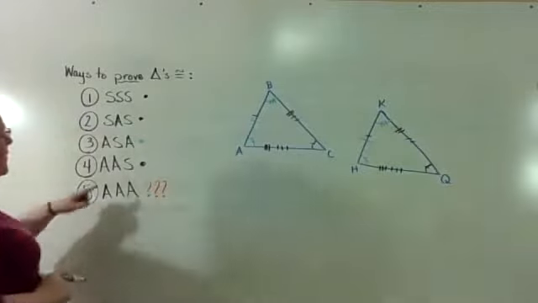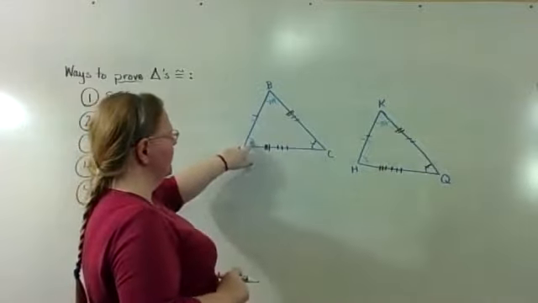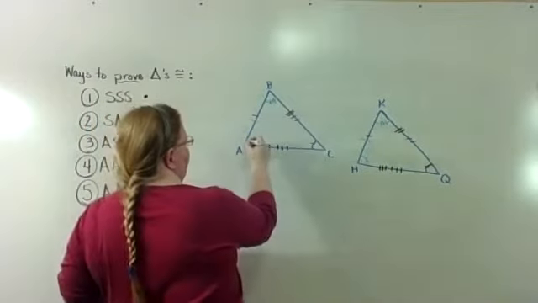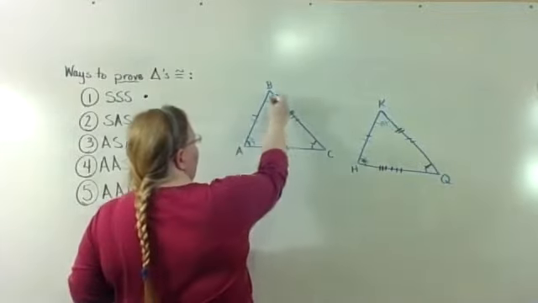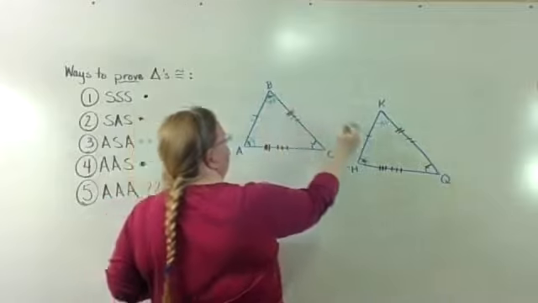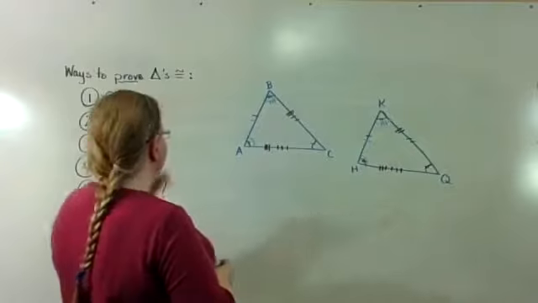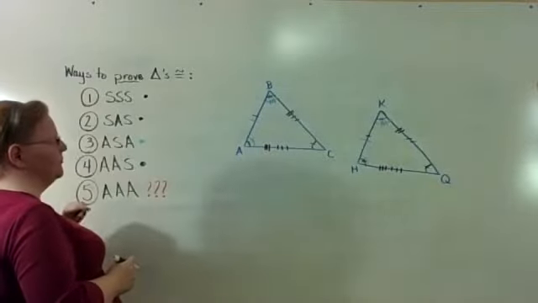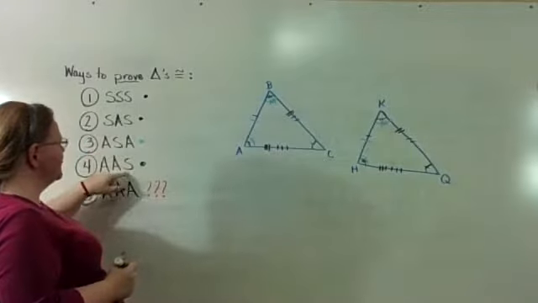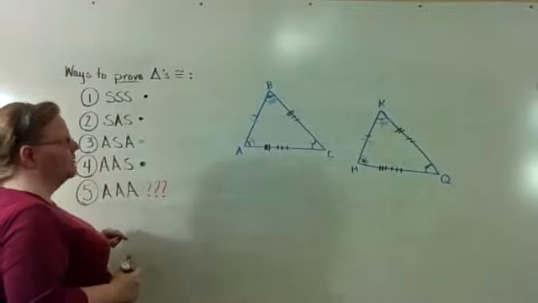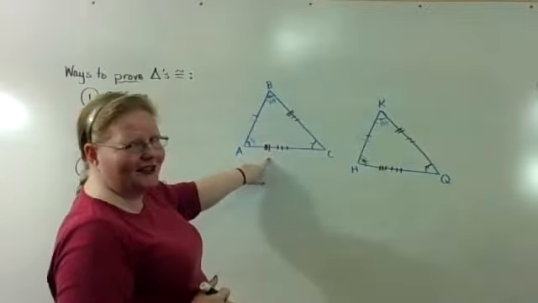There we go. So for angle, angle, side, we're talking about it having the same angle like it was with H. We're talking about it having another common angle, and then a common side that is not in between the two. But even though it is not in between the two, it has to be beside one of those angles. So since it's not in between, obviously it's going to be either one of those two.